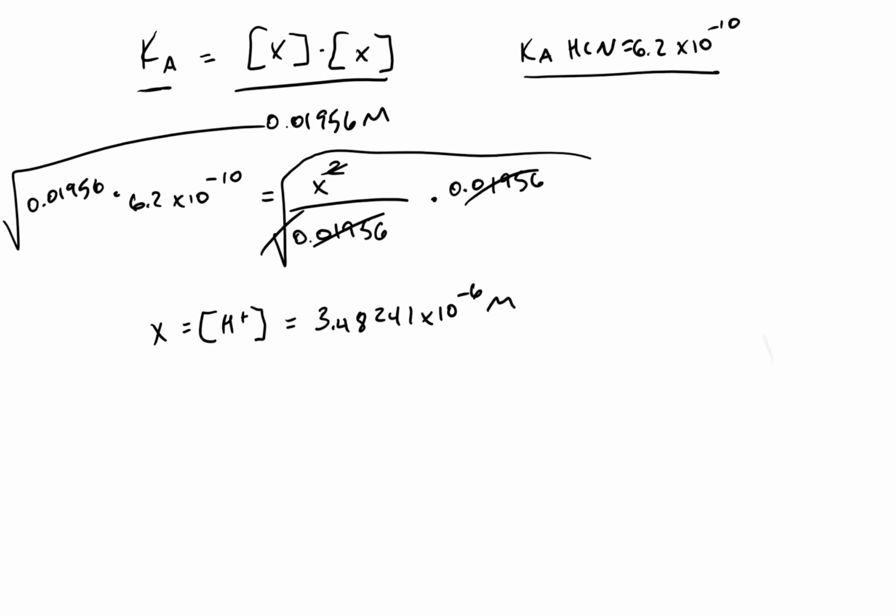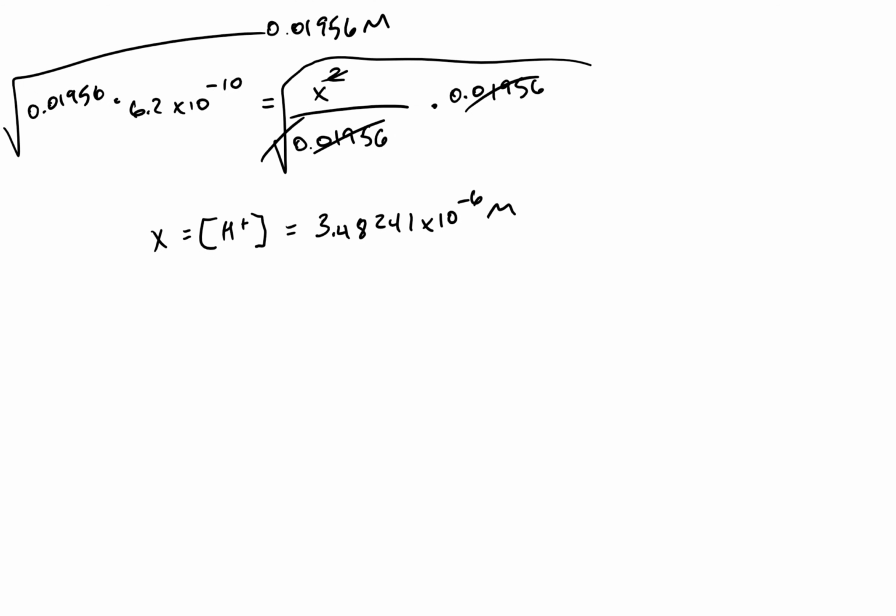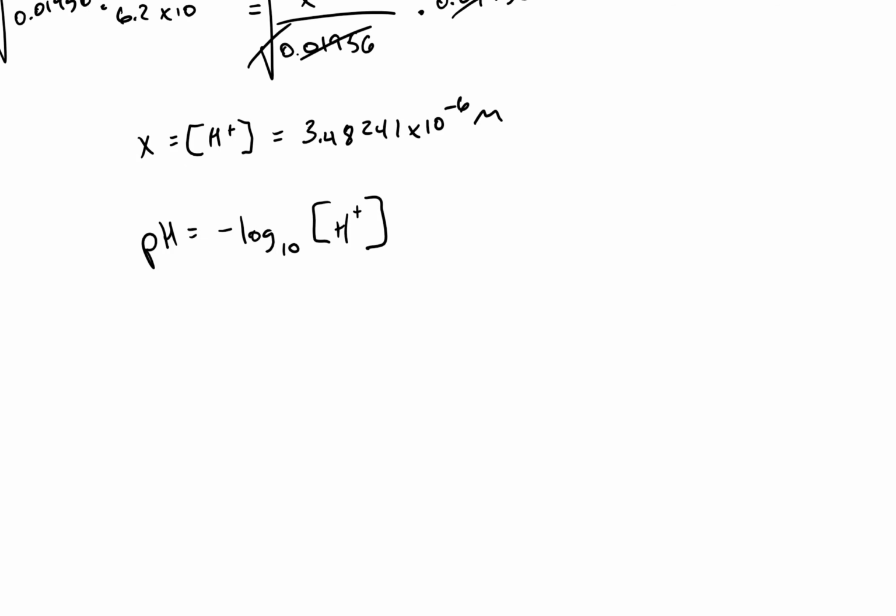And the last bit of information that we needed from up above was that pH is equal to the negative log base 10 of our concentration of H plus ions. So we can just simply plug this into a calculator here.